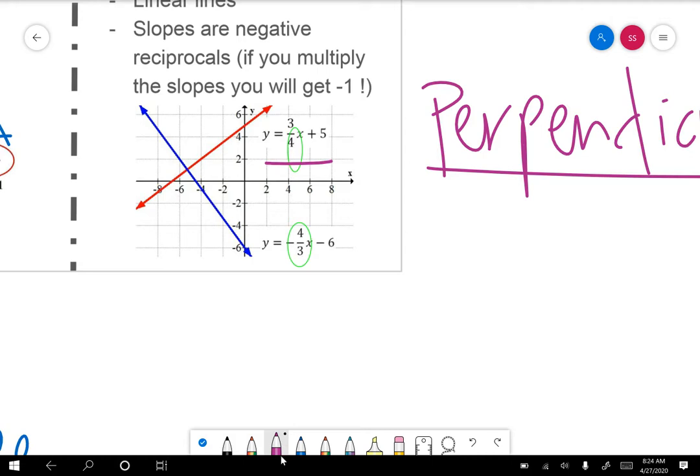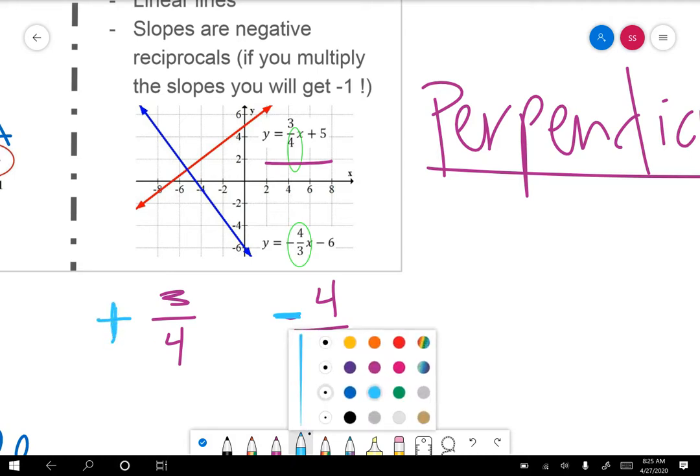What do we notice about the two slopes? One of them is 3/4 and the other one is negative 4/3. You may notice that one of them is negative and one of them is positive.